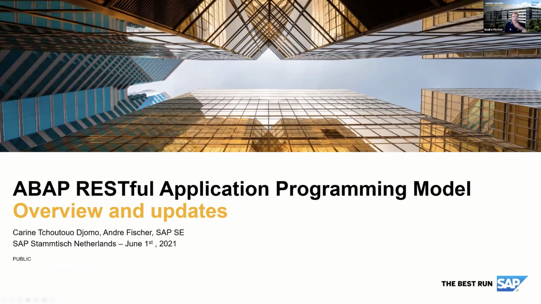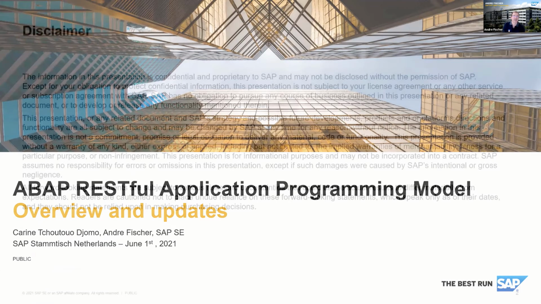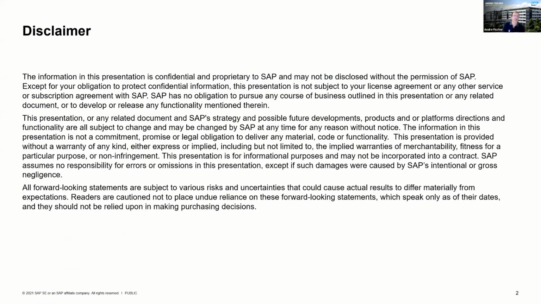Okay, let's get started. The ABAP RESTful Application Programming Model, in short RAP, because in former times it was called the RESTful ABAP Programming Model, so the name became longer, but the abbreviation RAP is still there. And this is the typical disclaimer that you know from our presentations.